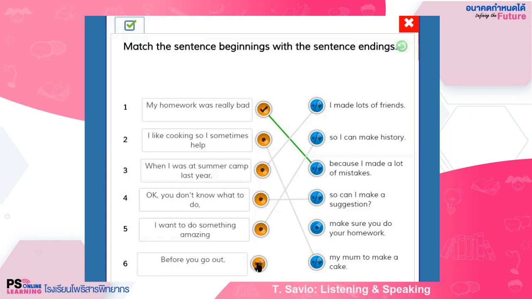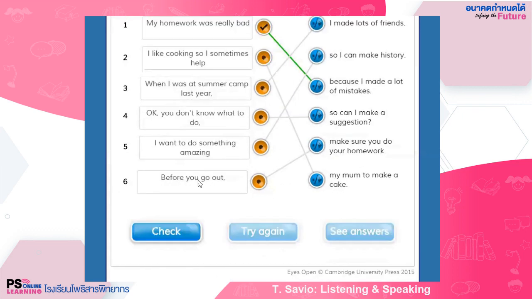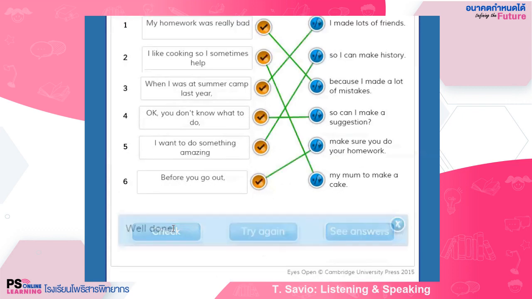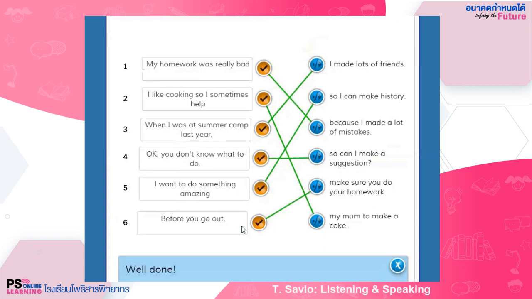Before you go out, make sure you do your homework. Probably this is a nice instruction that your parents normally give you, and you probably hear this instruction from parents. Before you go out, see that you do all your homework. Okay, let's check and see if they're correct. Yes, they're all correct. Well done.